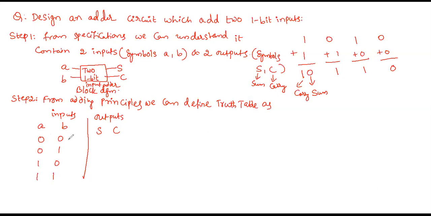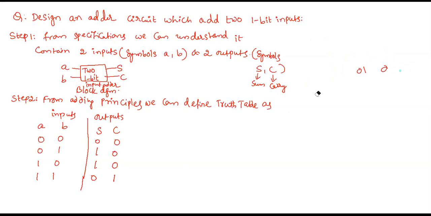When you are adding 0 and 0, you get 0 only, carry 0, sum 0. 0 1: sum 1, carry 0. 1 0: sum 1, carry 0. 1 1: when you are adding 1 plus 1, you get 1, 0, carry 1, sum 0. Okay, the second step, defining the truth table, is completed.